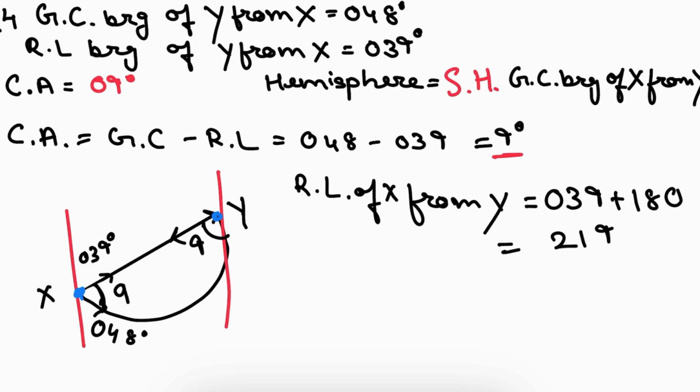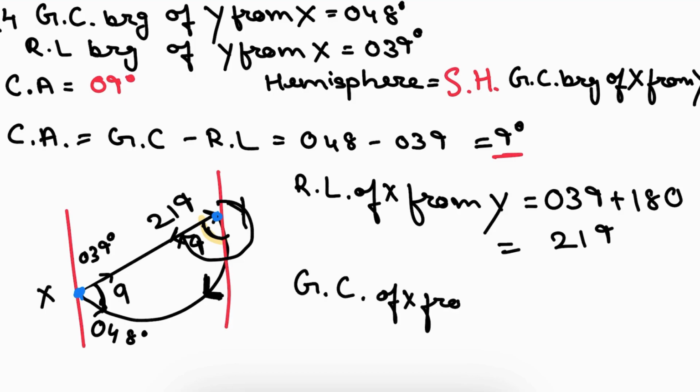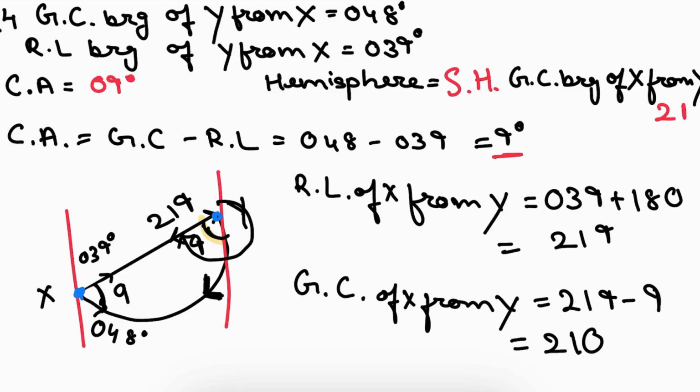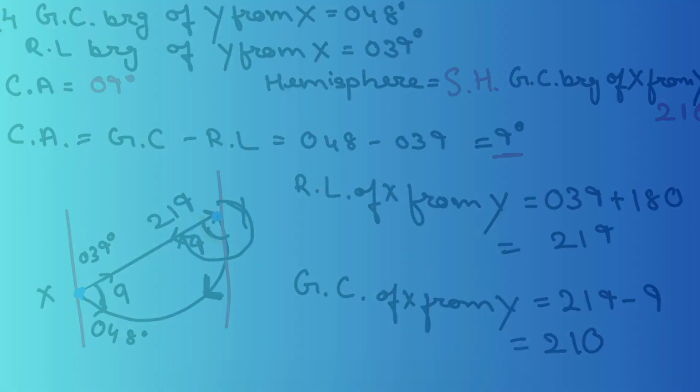So this whole angle is 219 and the highlighted angle here is 9 degrees. So for this angle we have to do 219 minus 9. So the great circle of x from y is 219 minus 9, which is 210, which answers our third question, the great circle bearing of x from y, which is 210 degrees.